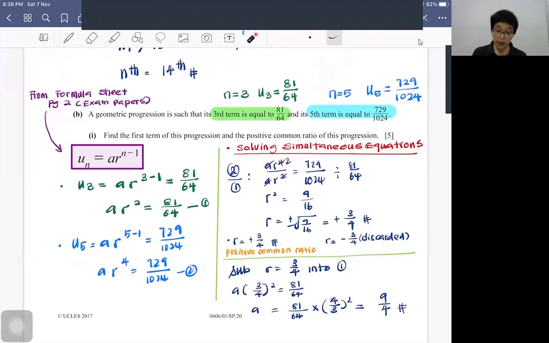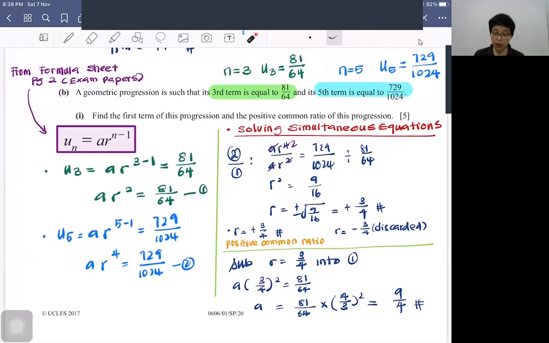And then the next thing is, they also ask us to find the first term. So what are we going to do? Yes, we just take the r that we have just found, positive 3 over 4, and substitute it into equation 1 or equation 2, whichever you prefer, no problem. You're going to arrive at the same answer. Here I substitute it into equation 1, therefore a times (3 over 4) squared equals 84 over 64.